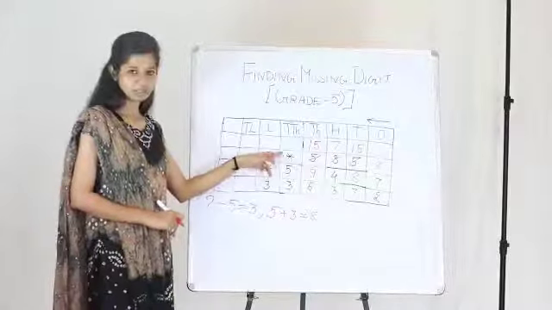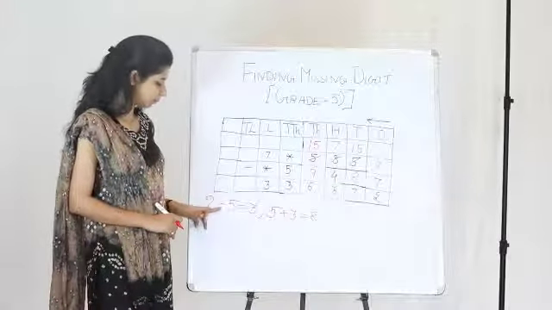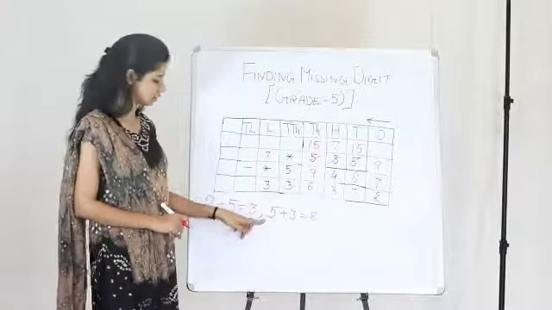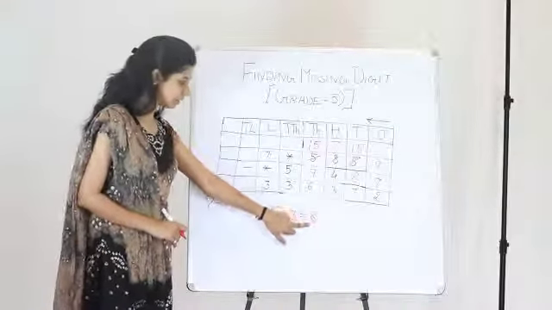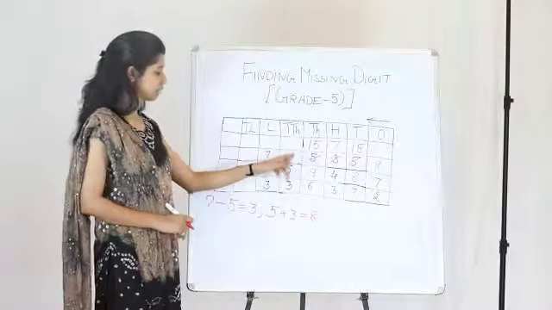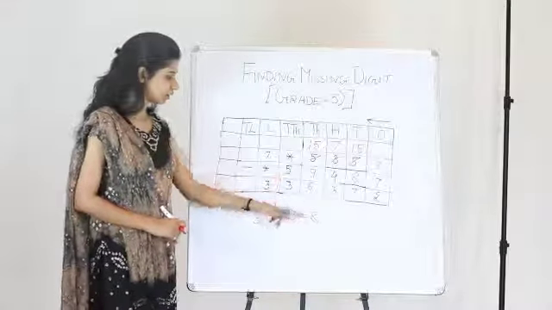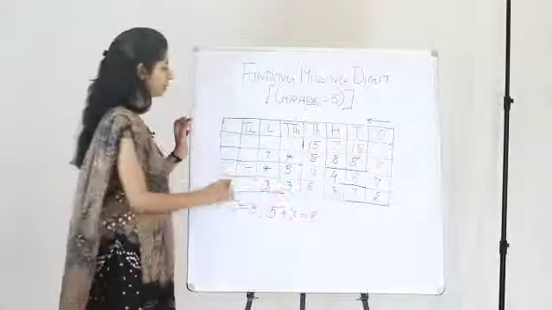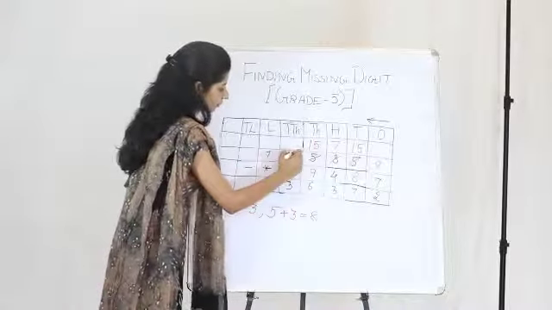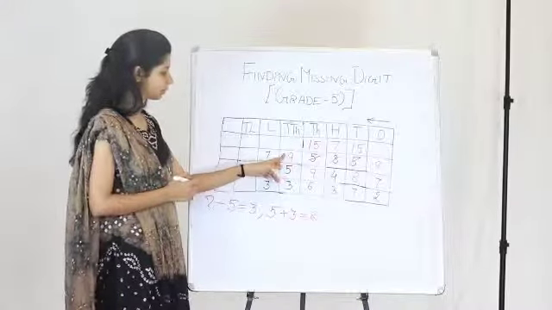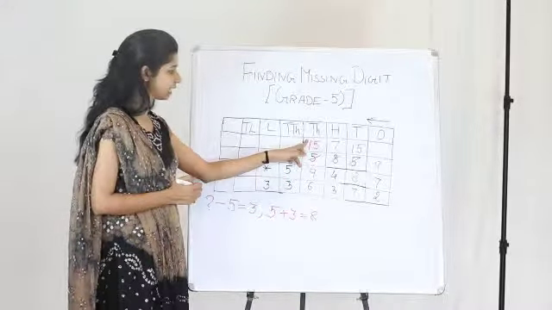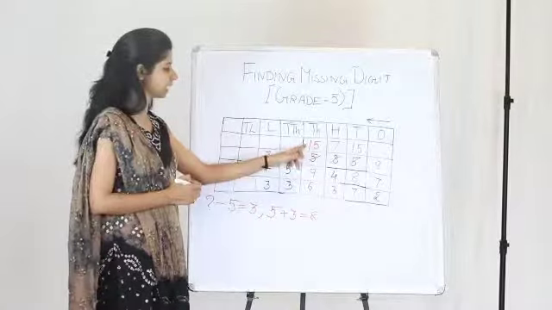In order to find the missing number, we can use the opposite of subtraction, which is addition. So, 5 plus 3 gives us 8, but we will not write 8 here. However, 8 is the number after the regrouping. So, the original number will be 9, because we have regrouped 10,000 here to make it 15.